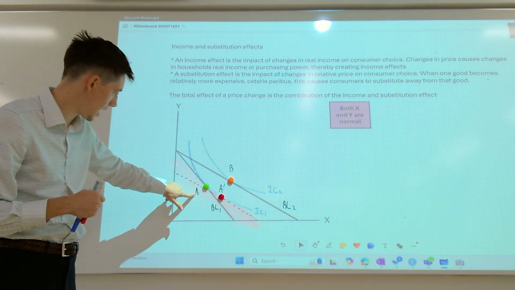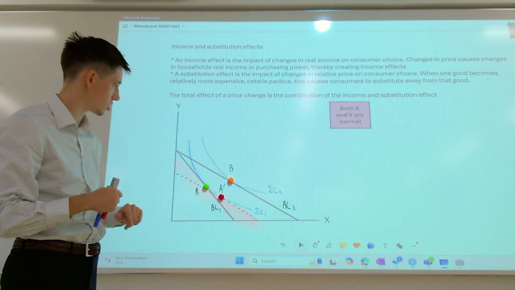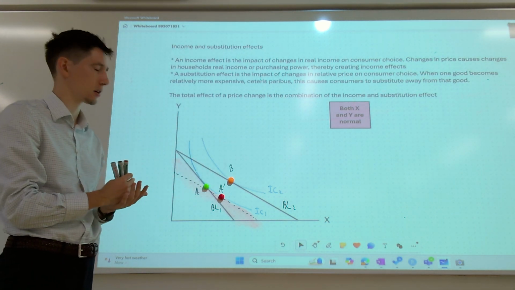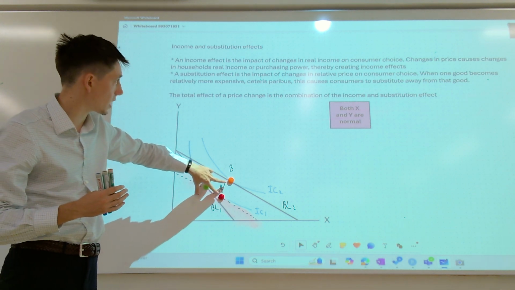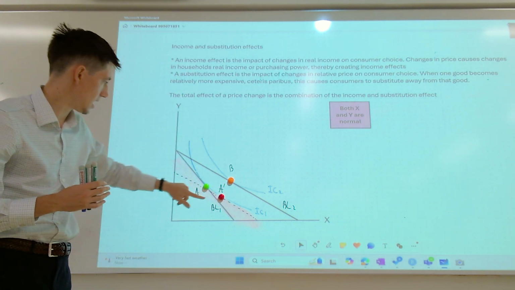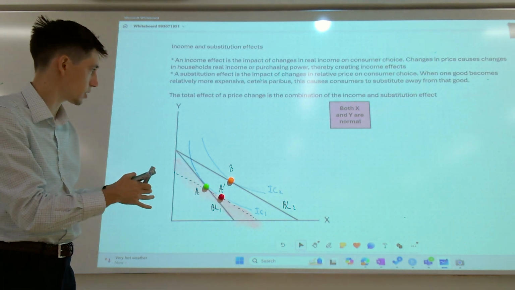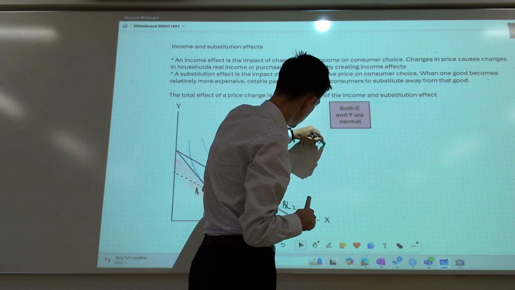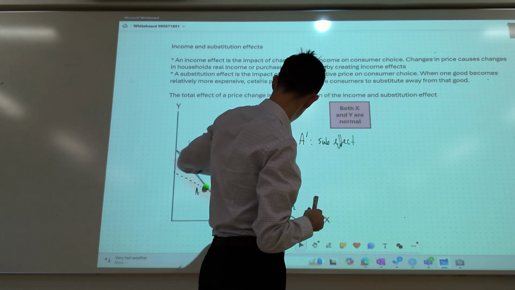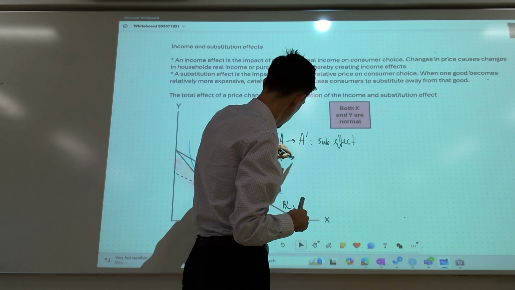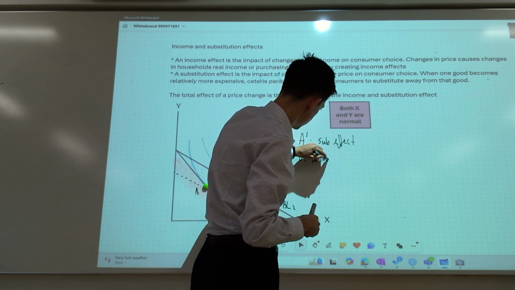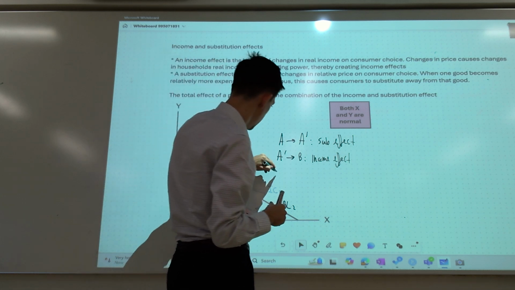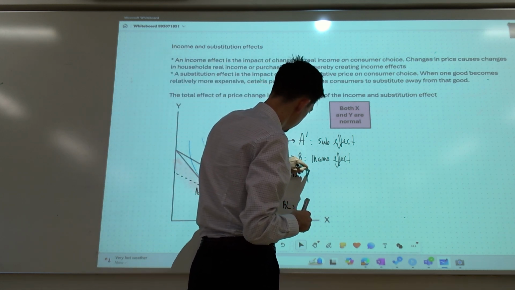So this movement, A to A dash, is our substitution effect, and then what you can imagine is giving the consumer the money back that we took away, and that would create this income effect, right? A dash to B. So here, if we break it down, A to A dash is our substitution effect, and A dash to B is our income effect, and we put them together. A to B is our price effect or total effect.